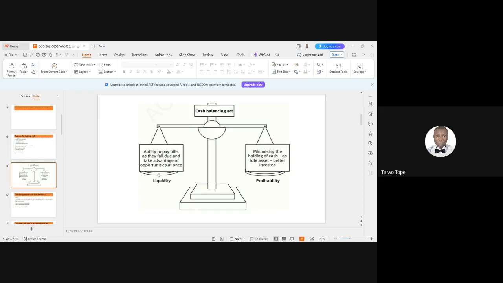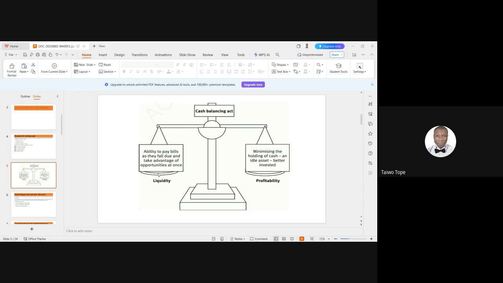So the issue facing most organizations is what should be the appropriate level of cash I should keep in form of liquidity. How much of my cash should I invest to bring in profits?